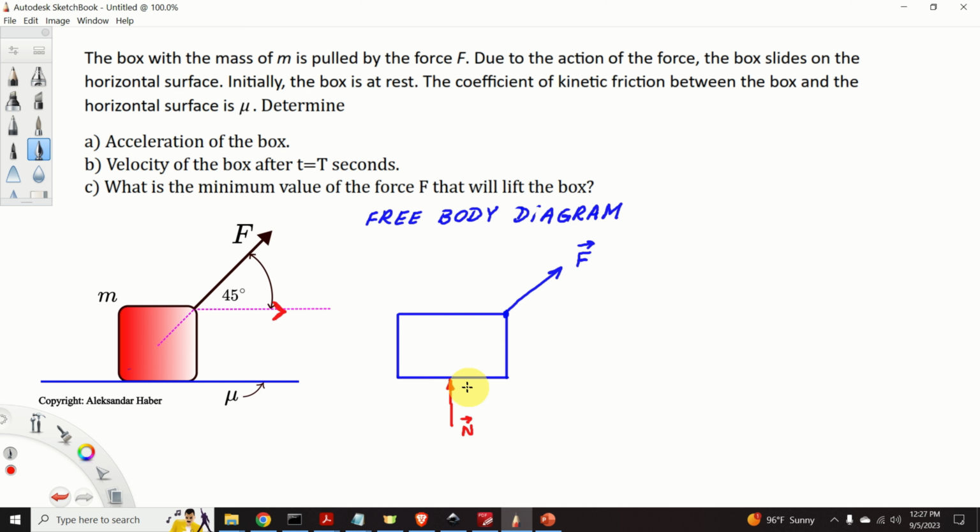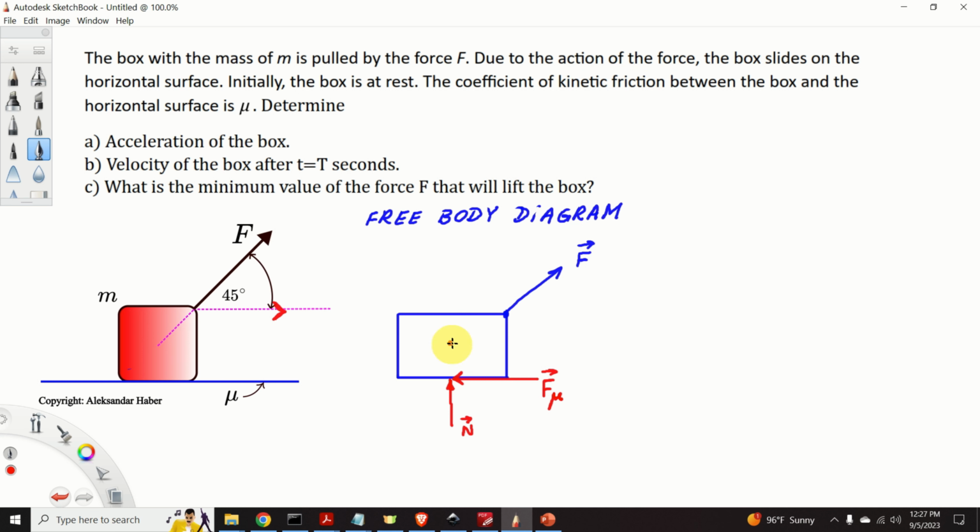That is, the friction force will act like this. This is F mu. The subscript mu comes from the fact that we have the kinetic friction over here. That is, we have the coefficient of kinetic friction that's denoted by mu.